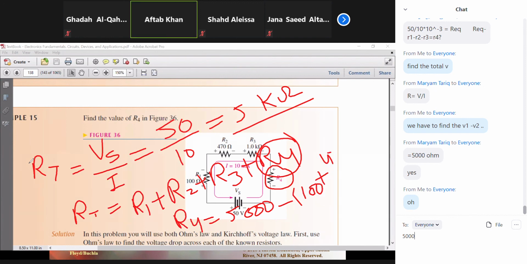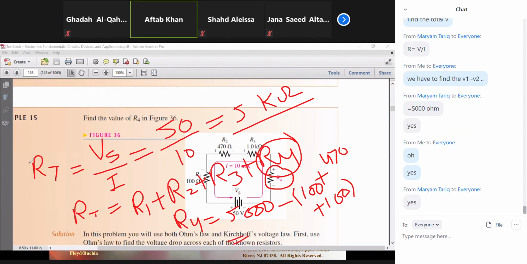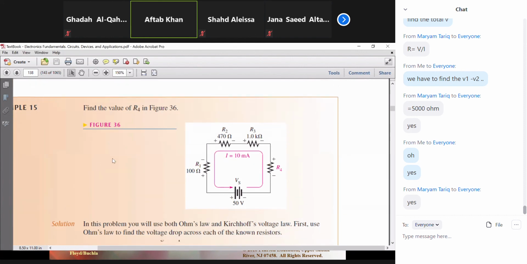Yes, 470 plus 1,000, this way. Clear? Then you can get it. So the steps should be clear. It's so simple, it's not difficult. First we get RT, then we apply the series resistance formula, then we can calculate. The solution is there already, by the way.